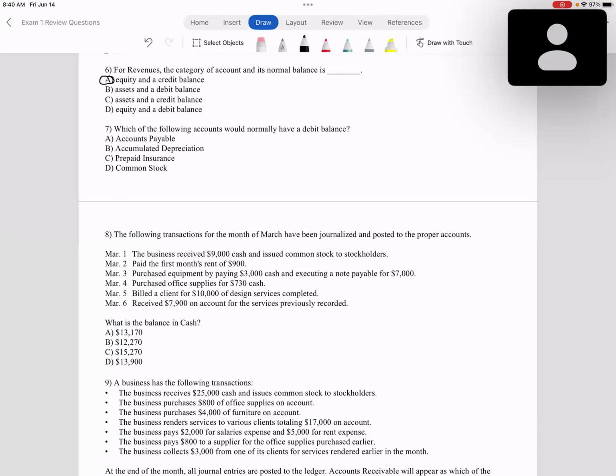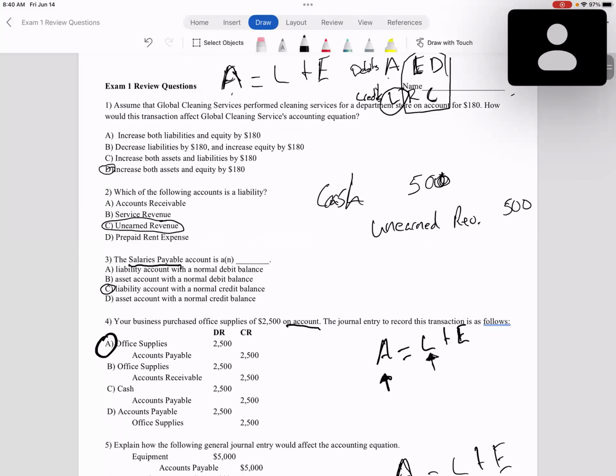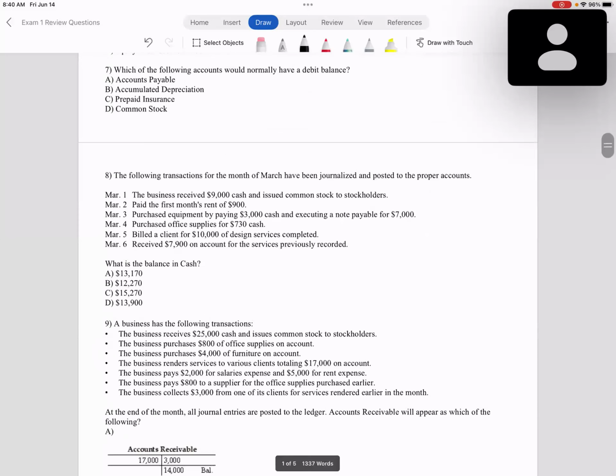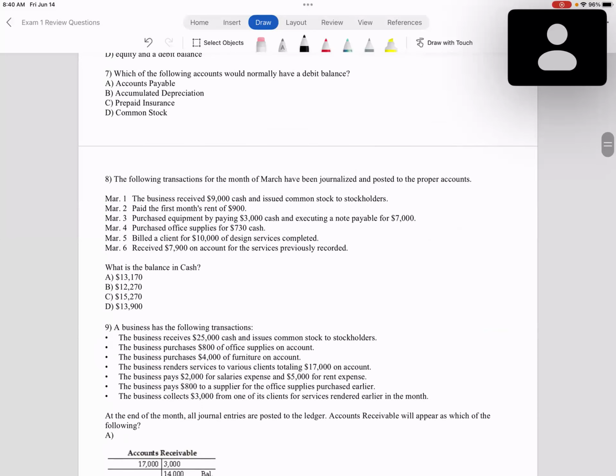Which of the following accounts would normally have a debit balance? Okay, so our normal debit balance are assets, expenses, and dividends. Let's see if any of those are in here. So accounts payable, that's a liability. Accumulated depreciation, that's a contra asset. That's something we haven't talked about yet, so don't worry about it.